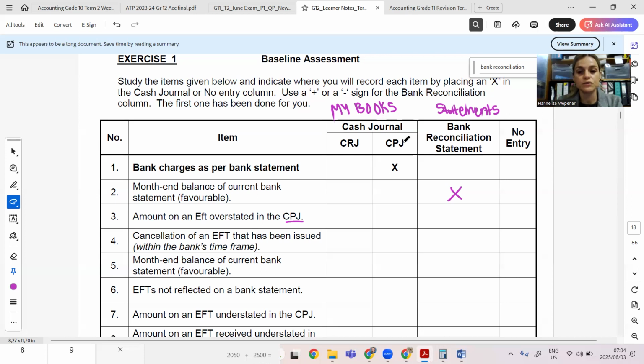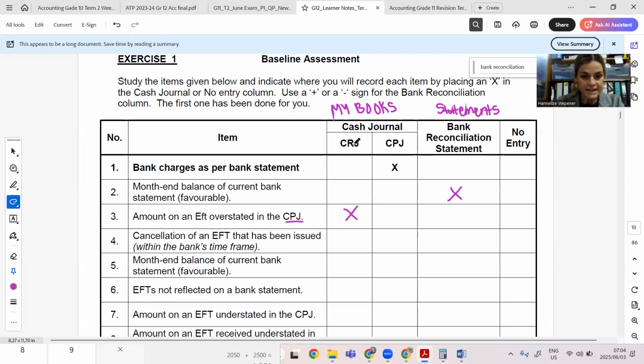So in order to now remove the excess payment that you have included in your CPJ, you will reverse that in your CRJ. So you, for instance, had 1,000 Rand in your CPJ. It should have actually been 500 Rand. So you can't have a negative 500 in your CPJ. Therefore, you will take it to your CRJ in order to get rid of that overstated amount.